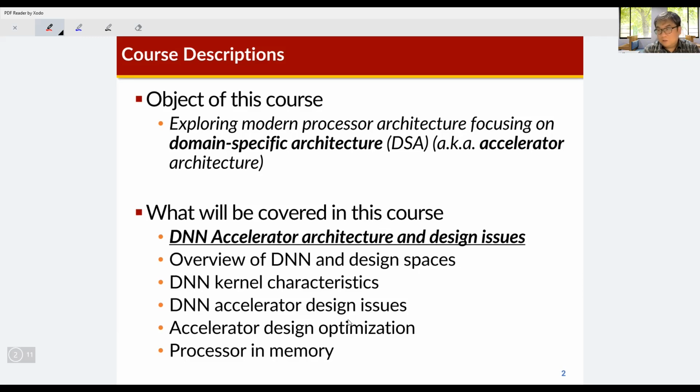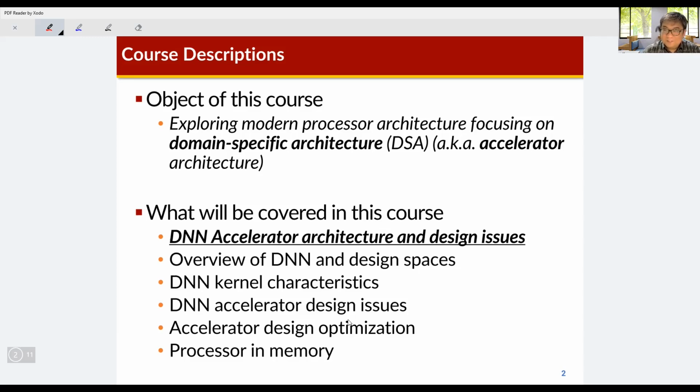And then in this course, we will also explore the research issues and research topics in deep neural network accelerators. Okay, that is the main theme of this course. And then we will cover the overview of DNN.